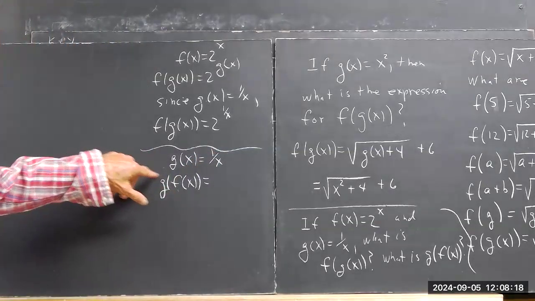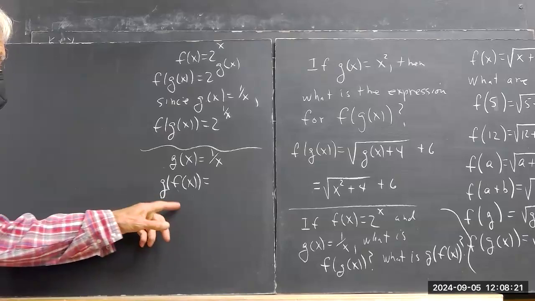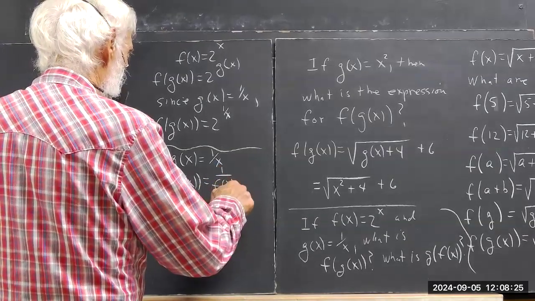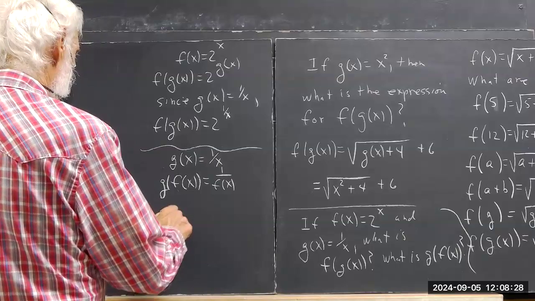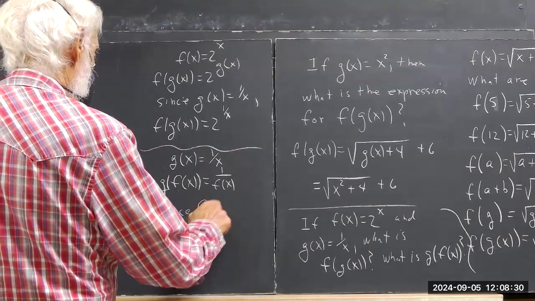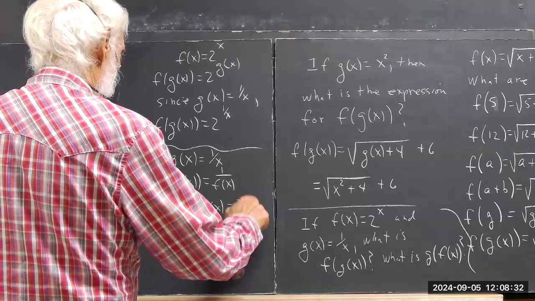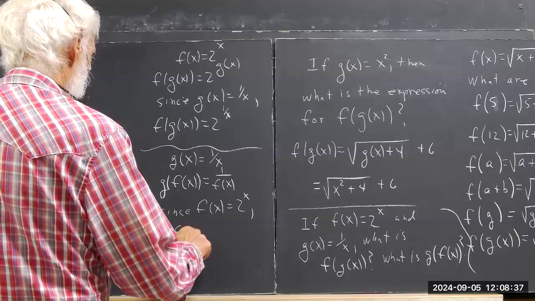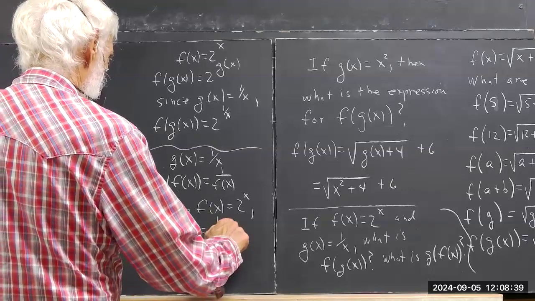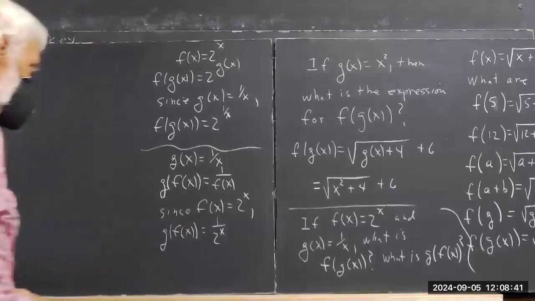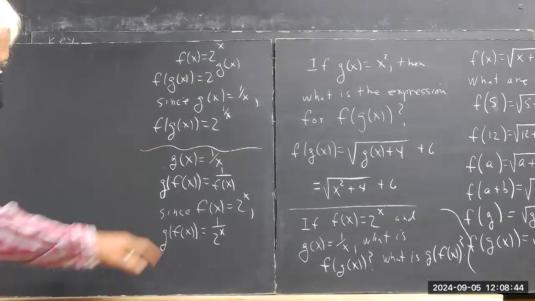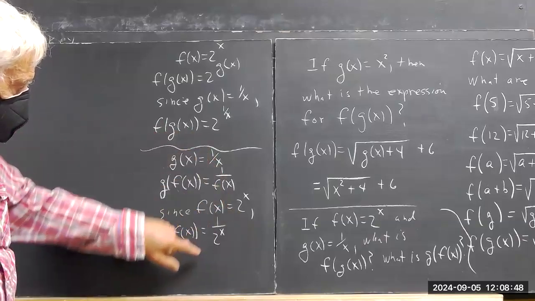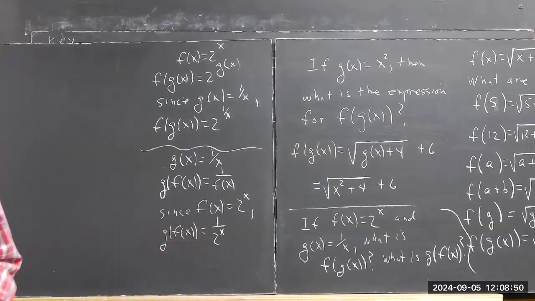Okay, G of X is one over X. So G of F of X would be one over F of X. F of X equals two to the X. So you substitute two to the X for X and you get your function G of F of X.